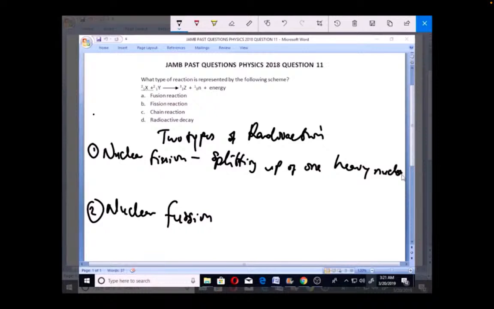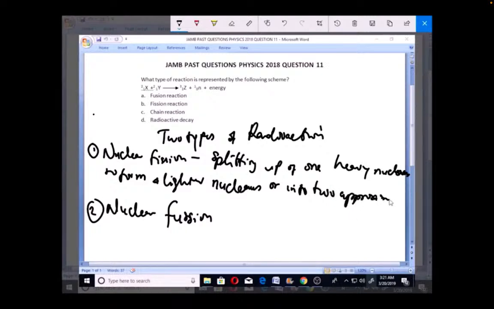So when you have one heavy nucleus breaking up to form lighter ones, 2 lighter nuclei, maybe of equal parts, or you can say it is the splitting into 2 approximately equal nuclei.